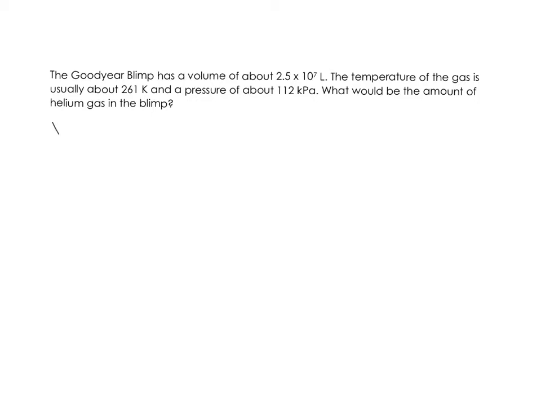So our volume is 2.5 times 10 to the 7 liters. The temperature of the gas is 261 kelvins. The pressure is 112 kilopascals. And we want to find the amount.